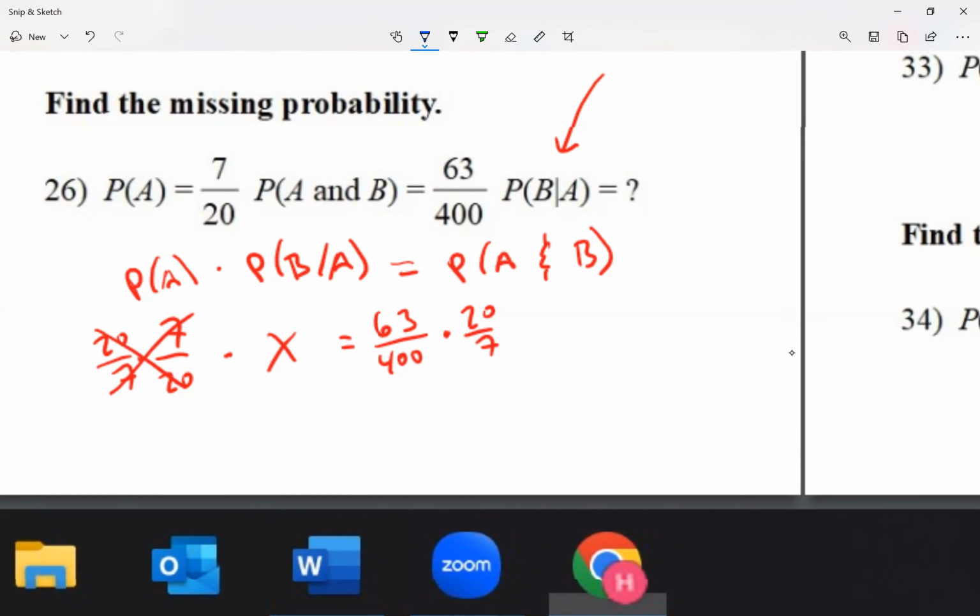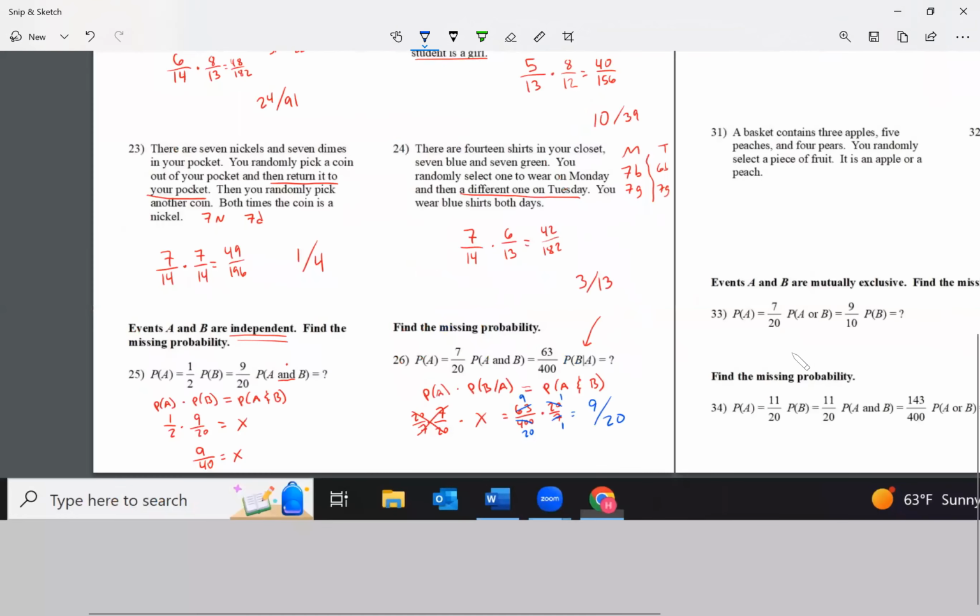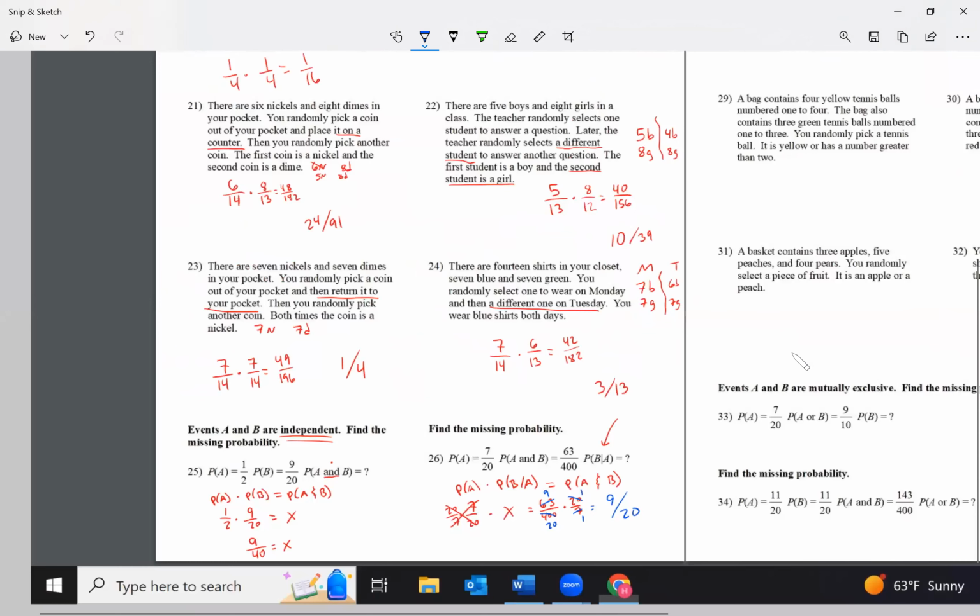I can simplify 63 and 7 diagonally. Let me divide each by 7. So that gives me 9 and 1. 20 and 400, let me divide each by 20. So that gives me 1 and 20. Now when I multiply straight, I get 9/20. Let me zoom out so you guys can see what we did. Here you go.